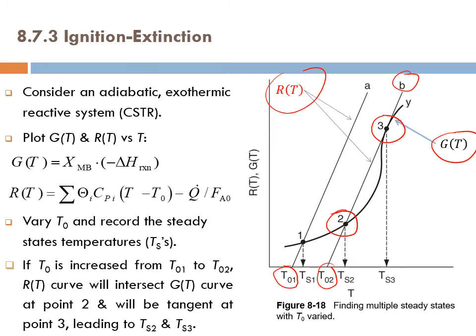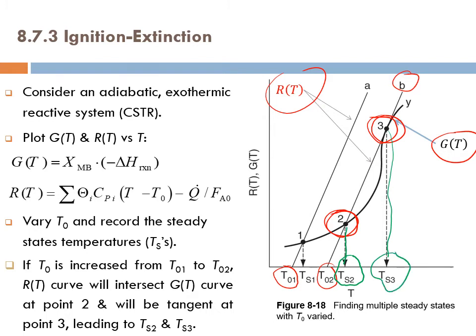So here we have an intersection, and here we have a tangency, leading to two steady states. What are these steady states? This is one steady state temperature, TS2, and this is the other one, TS3.